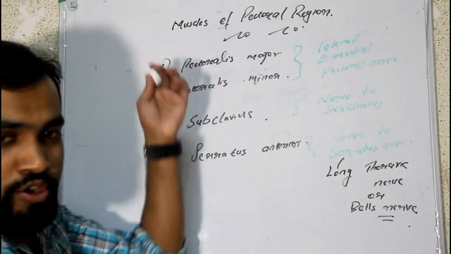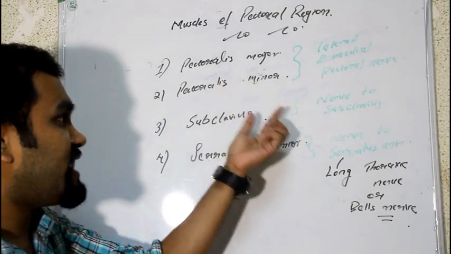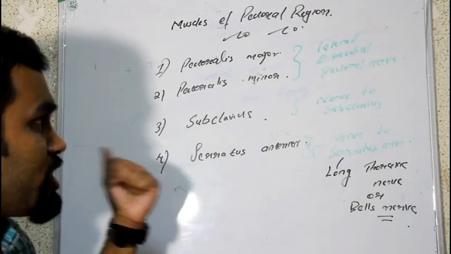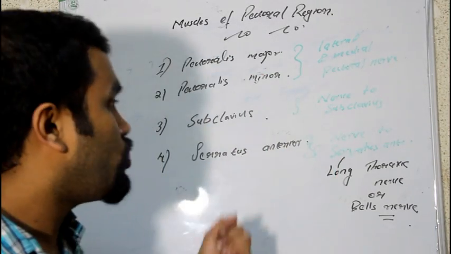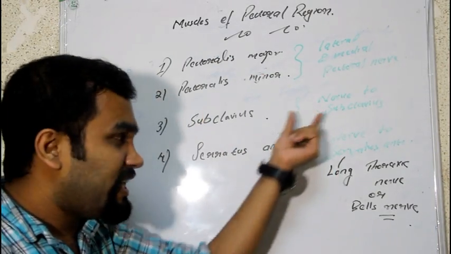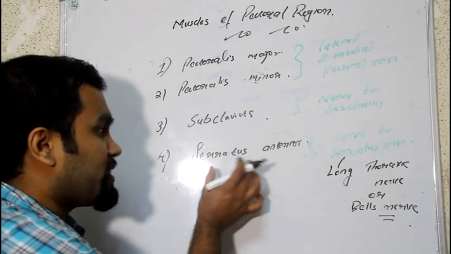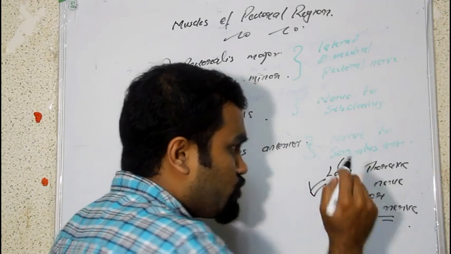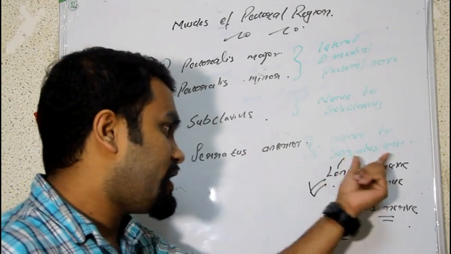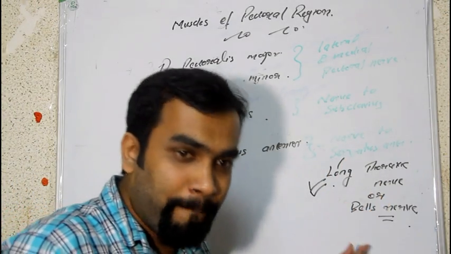So these are the muscles of the pectoral region: pectoralis major, minor, subclavius and serratus anterior. Major and minor are supplied by the lateral and medial pectoral nerves. Subclavius is supplied by the nerve to subclavius. You have to remember the long thoracic nerve. It is very important. The nerve to serratus anterior is known as the long thoracic nerve or Bell's nerve.